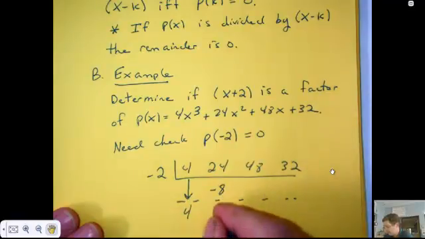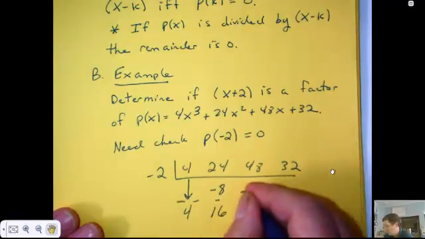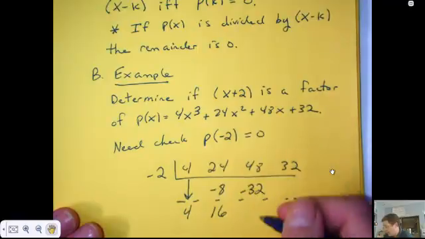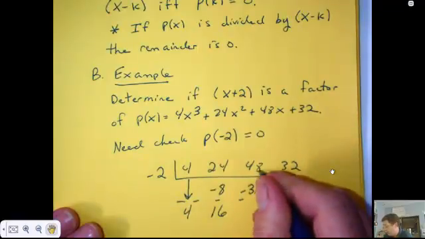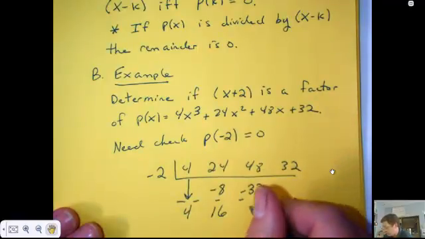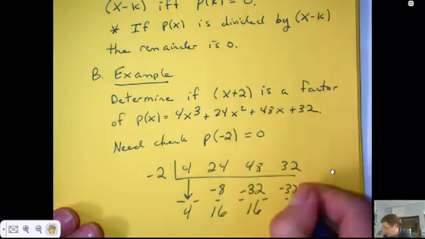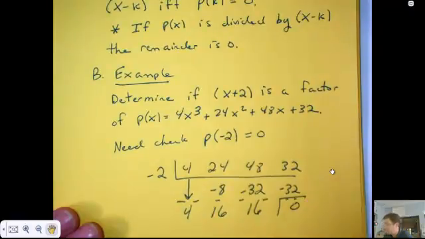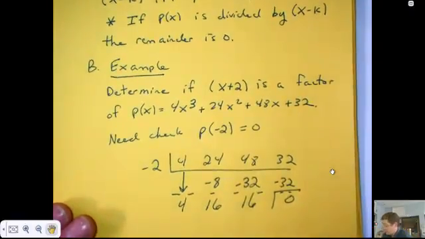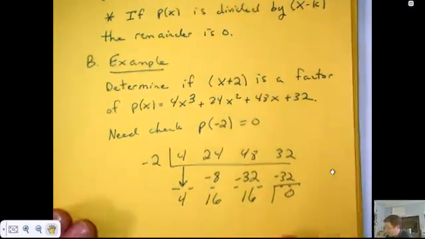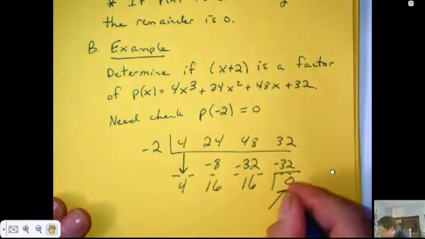What's that, 16? I multiply. Add. 48 plus negative 32. That's 16. Multiply. And I add. And look at that.